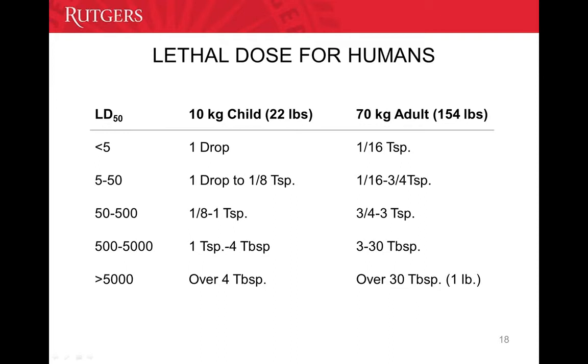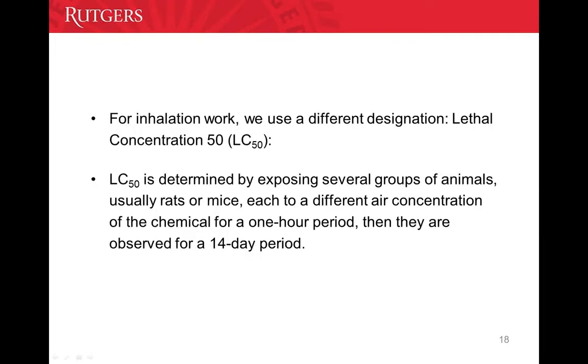If we move down to the bottom of the slide, we see that if the LD50 was quite high, over 5,000, it would take an enormous amount, over 4 tablespoons to affect a child, and over 30 tablespoons to affect an adult. So it's pretty significant.